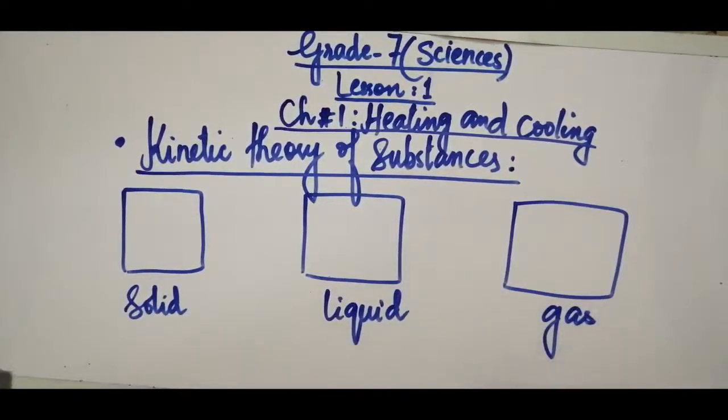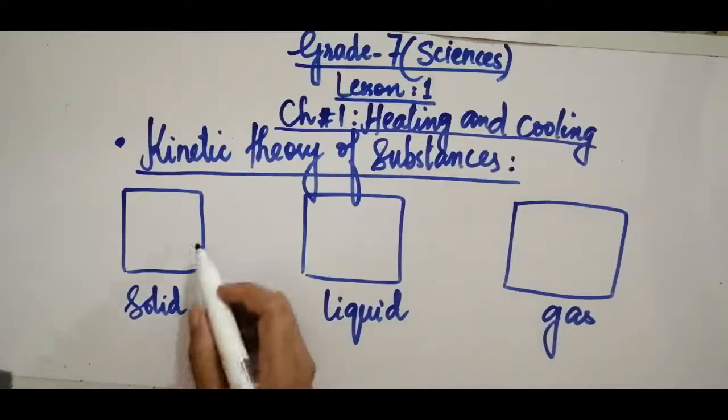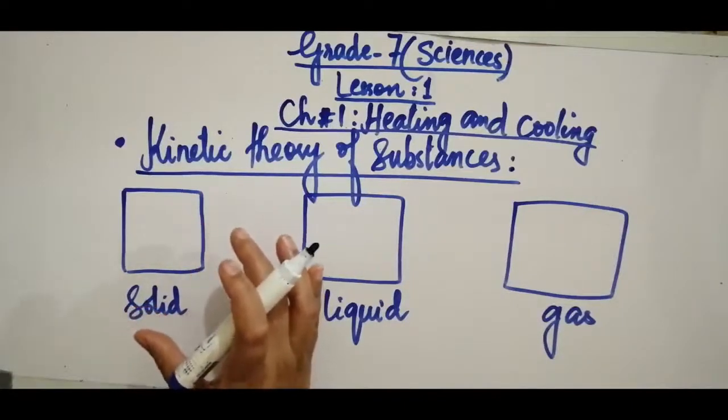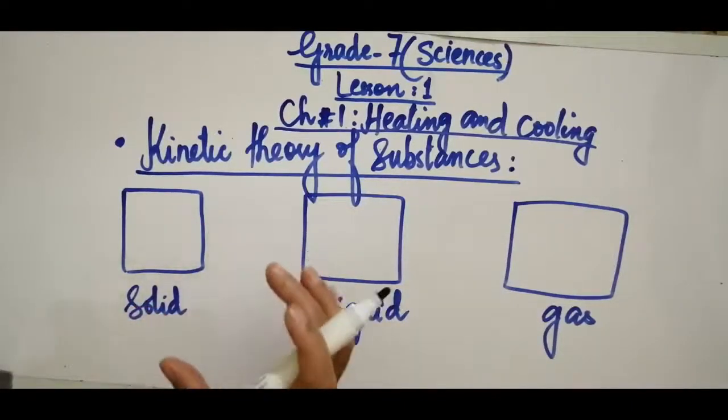As we know, different sorts of structures are found in solid, liquid and gas regarding their particles, and there is a specific arrangement of particles shown in the solid. So solid has a hard and compact structure. Their particles are fixed in their mean position.